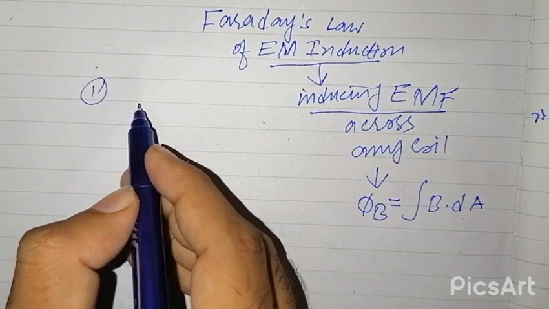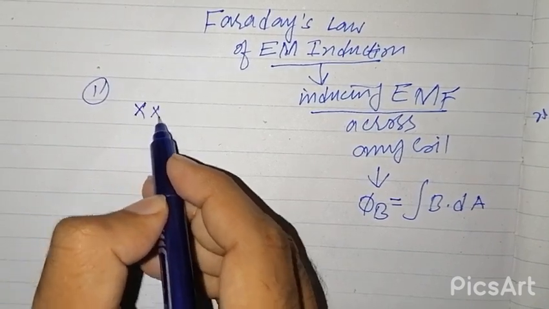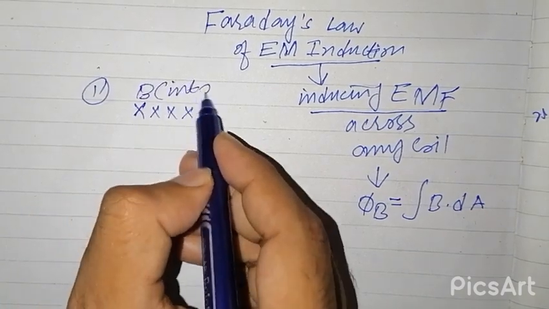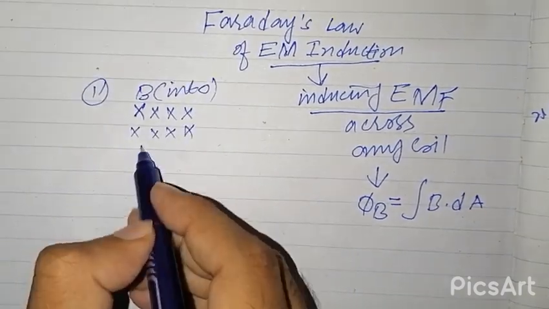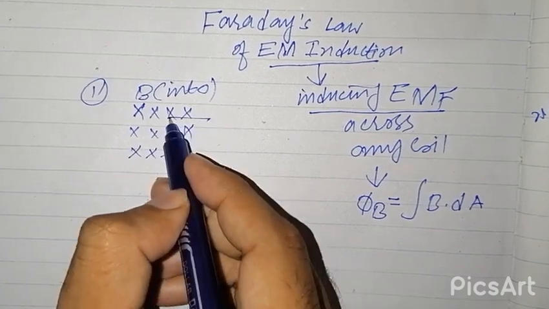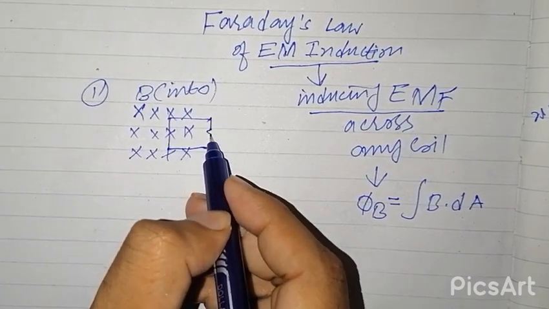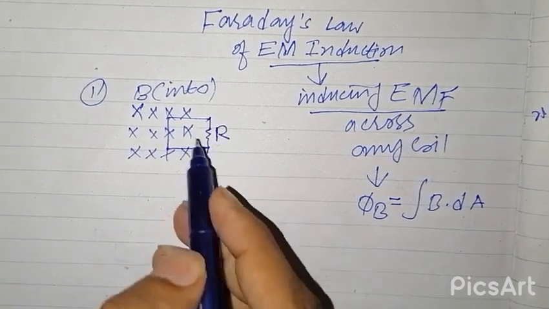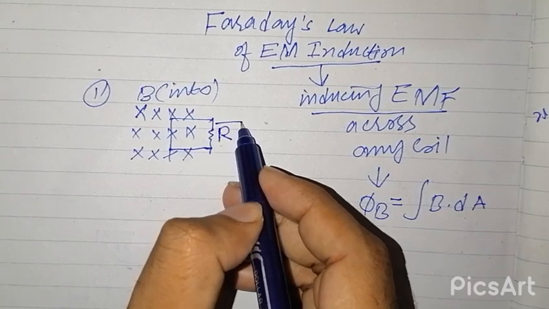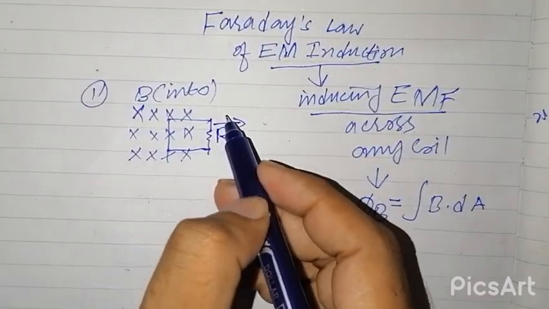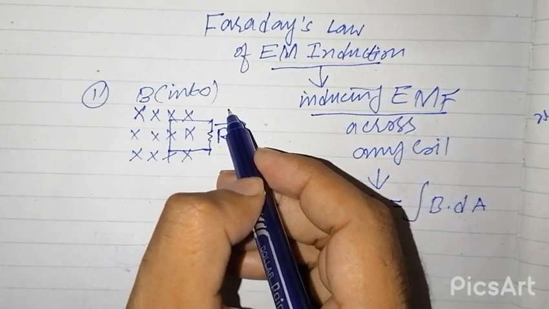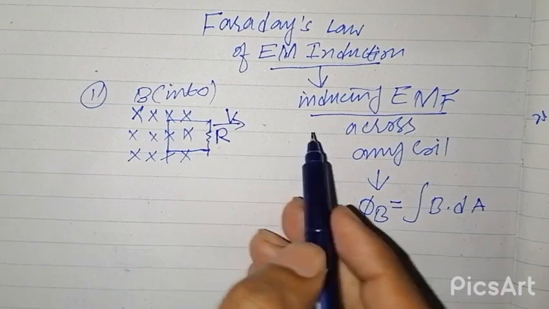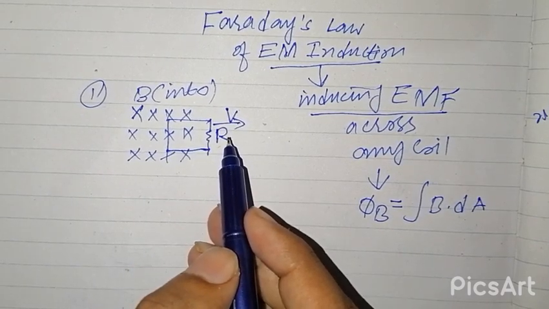For example, in the first experiment we have a magnetic field B into the page, and he placed a coil in that magnetic field, and this coil has a certain resistance R. He moved this coil relative to the magnetic field to the right with a certain velocity.